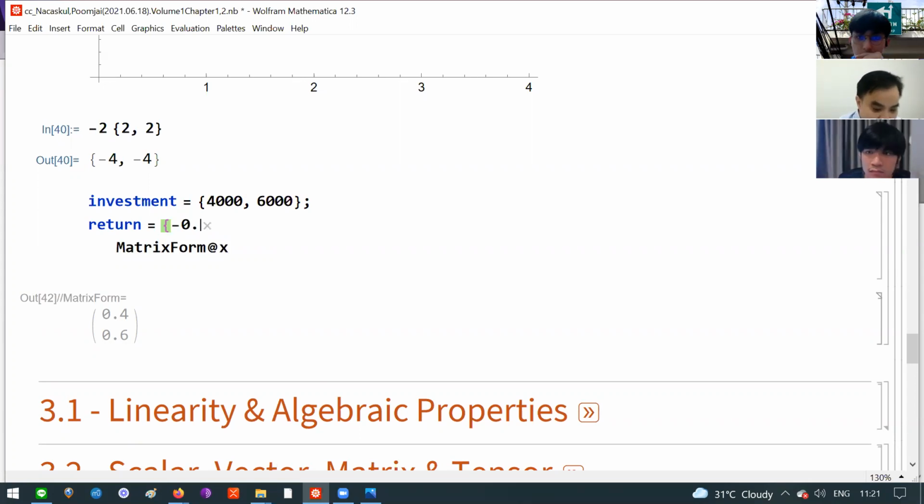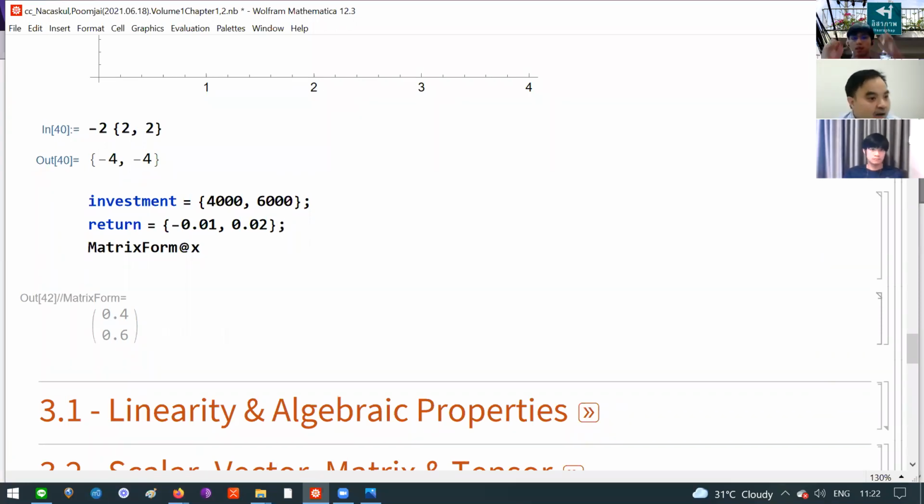In other words, it loses 1%. But you put this 6,000 baht into a fixed interest, and that fixed interest is positive, but very small. So you get something like 2%.